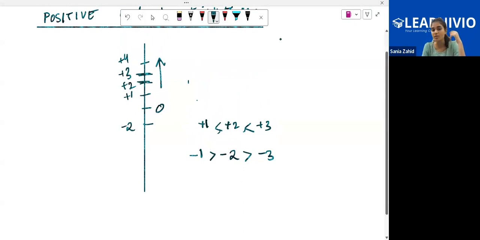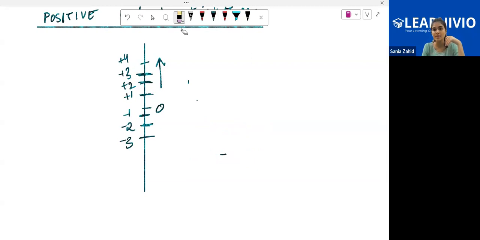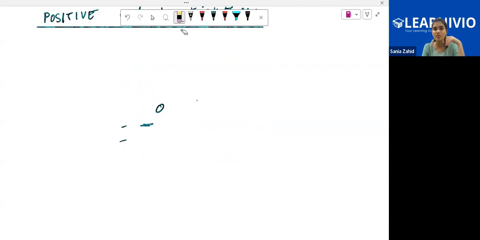Then +2 is closer, +1 is closest. But for -1, -2, and -3, -1 is the closest number, so it is the greatest. -2 is far, so it's smaller than -1, and -3 is the smallest. So that is comparison of positive and negative integers.